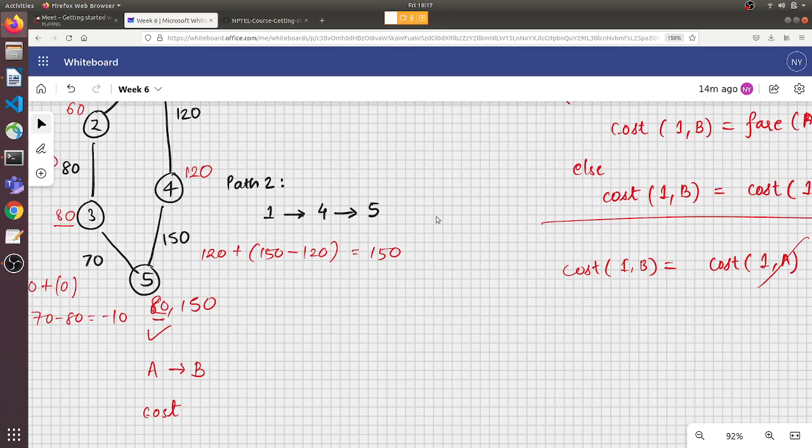That's just a very simple difference from Dijkstra that we have studied or applied before.